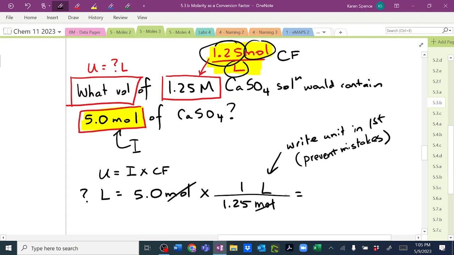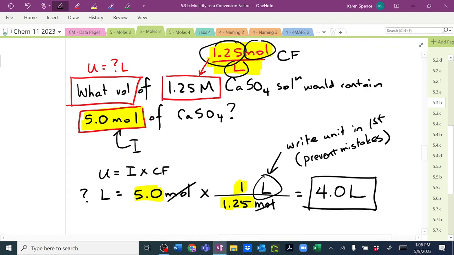Okay, moles cancel out. 5 divided by 1.25 is 4. Sig figs. How many sig figs should we have? 2 sig figs. So that's going to be 4.0. And the only thing left is liters. So our final answer is 4.0 liters.